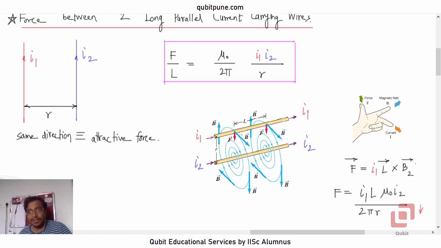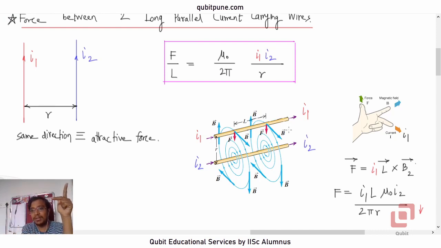Okay, now let us determine the direction, and for that let us consider the left hand rule. Consider the middle finger, align itself along I1. Okay, now take your right hand. Imagine that you are holding the conductor I2 in your right hand.